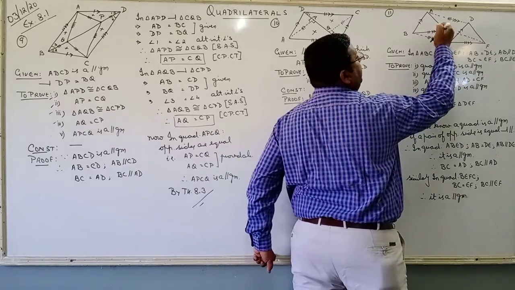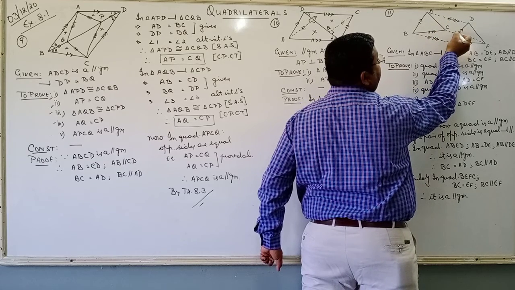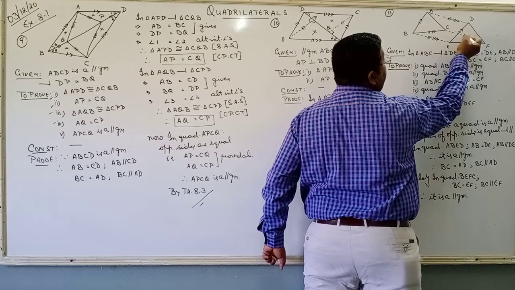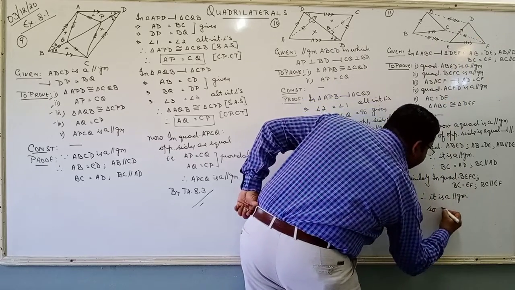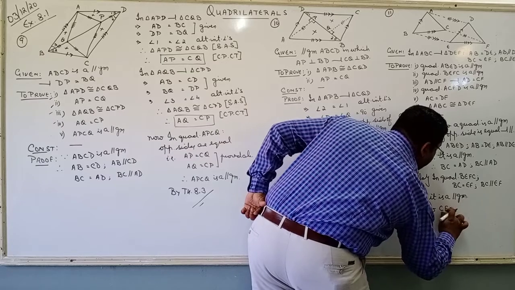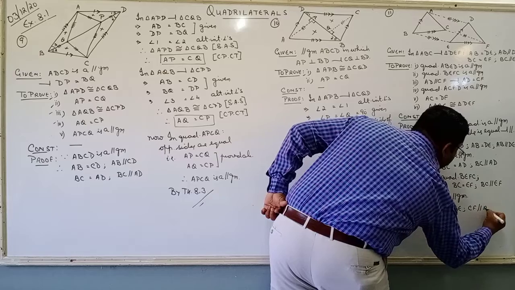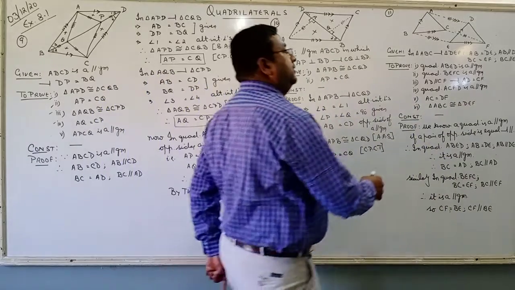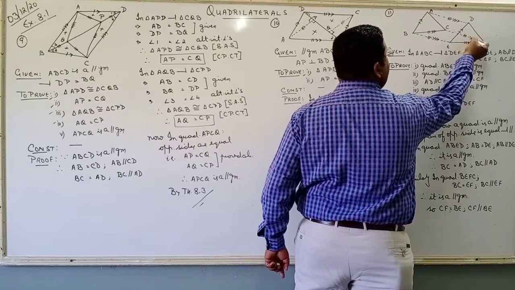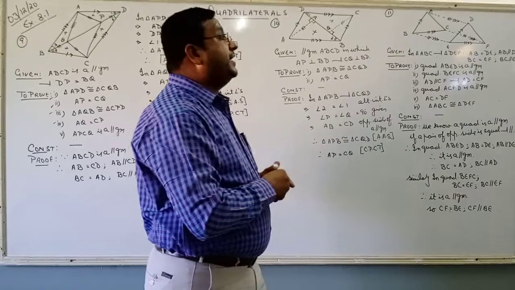And if it is a parallelogram, is the third side CF equal and parallel to BE? So CF is equal to BE and CF is parallel to BE. Right? Clear? Now he says, show that AD is parallel to CF and AD is equal to CF.